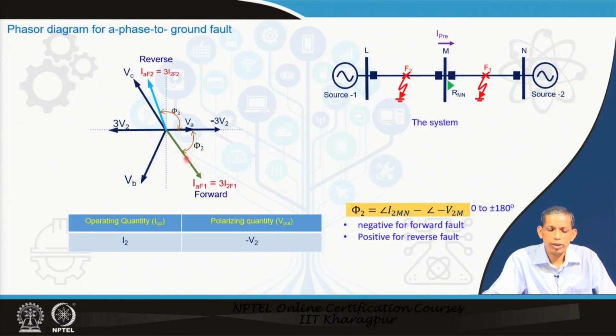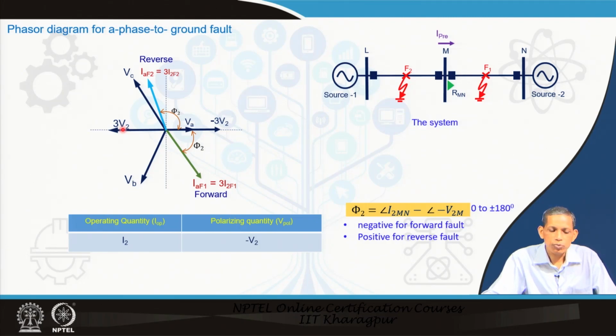So, this IA current for the F1 fault will be 3 times the negative sequence component. This will be the negative sequence current direction and this will be the negative sequence voltage direction.